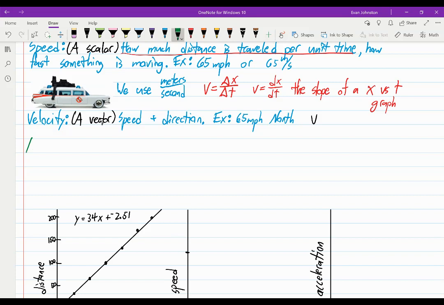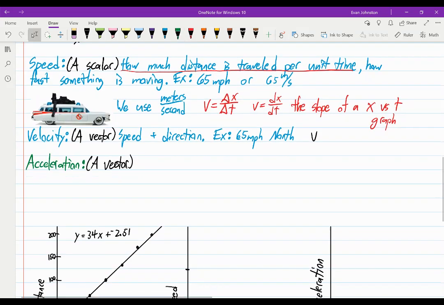So let's look at our last term, acceleration. Now, acceleration is a vector, and all it is is how much the velocity changes per unit time.